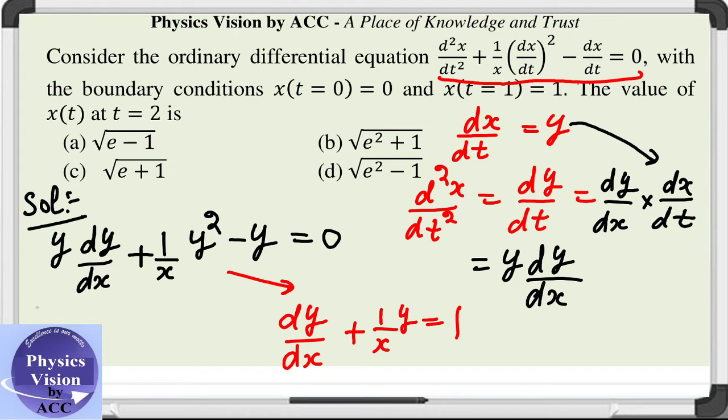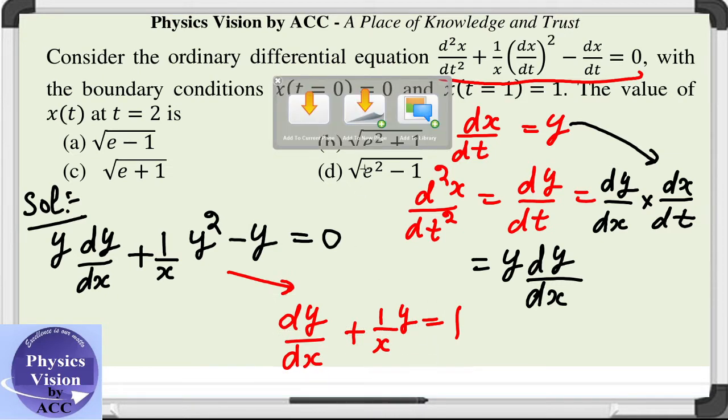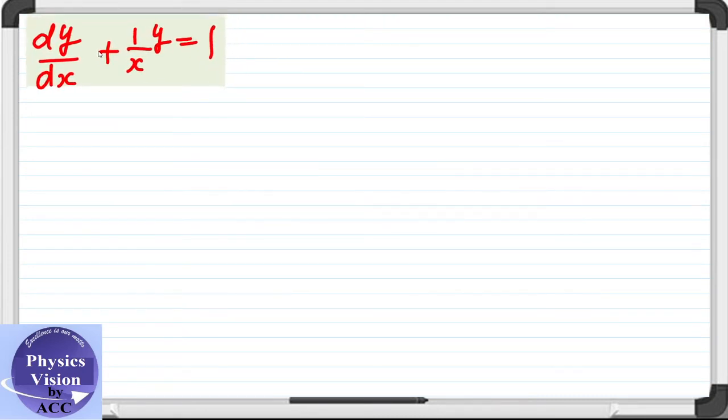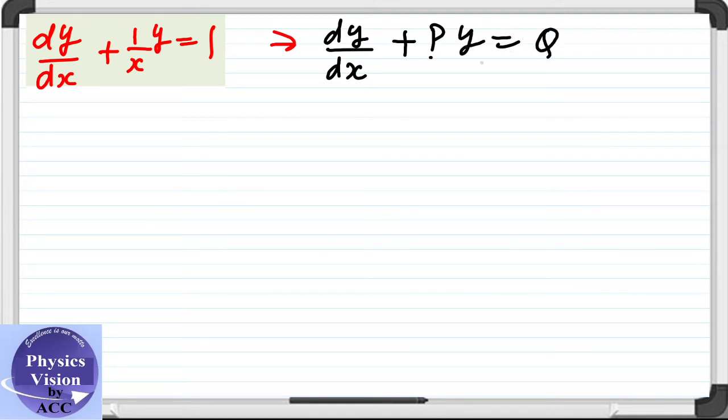Now let us solve this equation separately. How to solve this equation? This is of the form dy by dx plus py is equal to q, where p and q are functions of x.